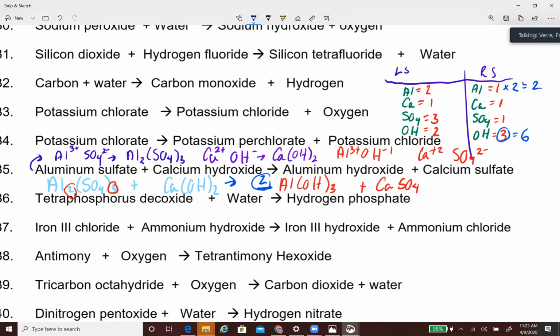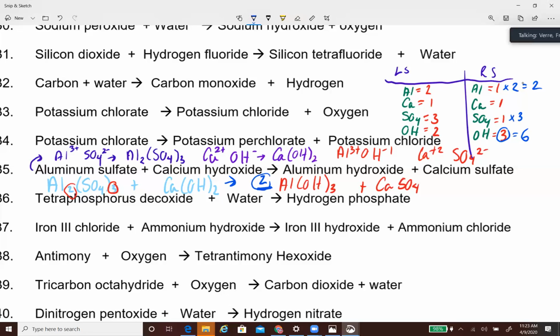Now, aluminum is balanced, but you can see that the sulfate is not balanced. So what I can do then is I can try to balance the sulfate. So I can put a number, because there's this 3 sulfate on the left, right? So I can put a number on the right to balance it.